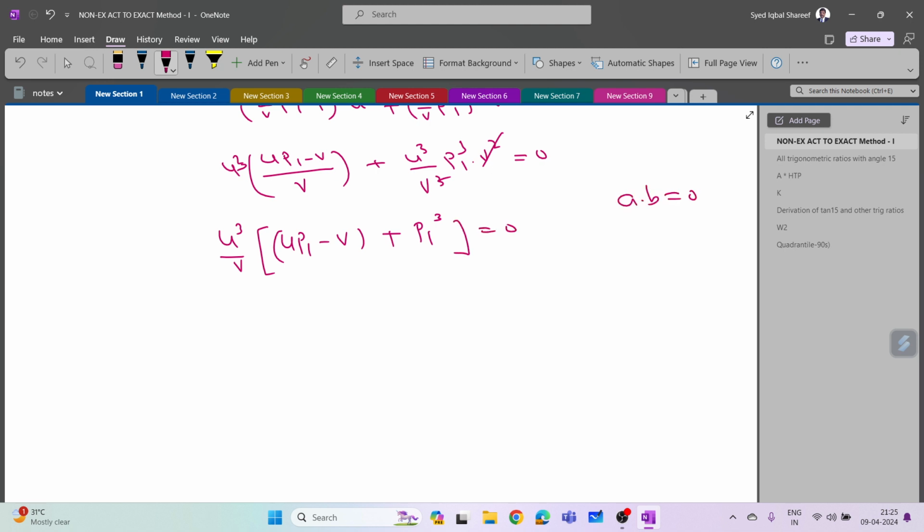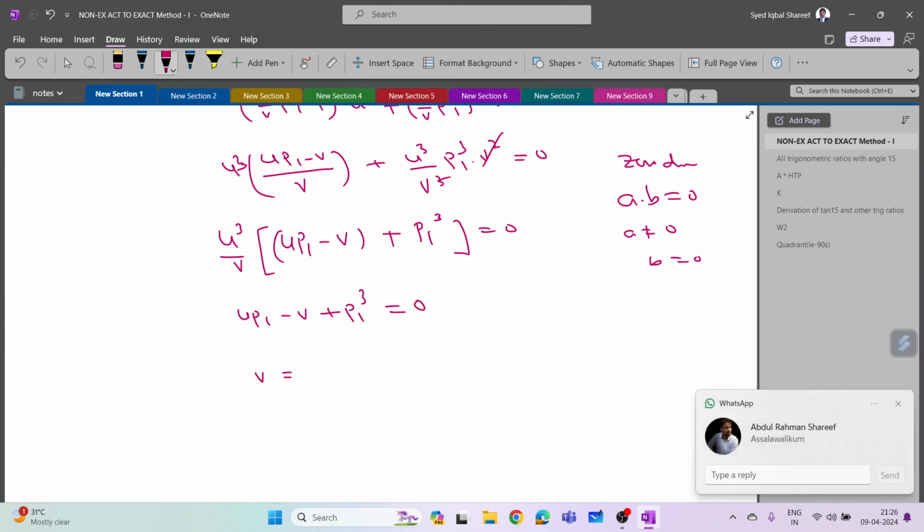AB equal to 0. If A is not equal to 0, then B equal to 0. u cube by v is not equal to 0, so this one equal to 0. Product of zero divisors theory. So u p1 minus v p1 cube equal to 0.